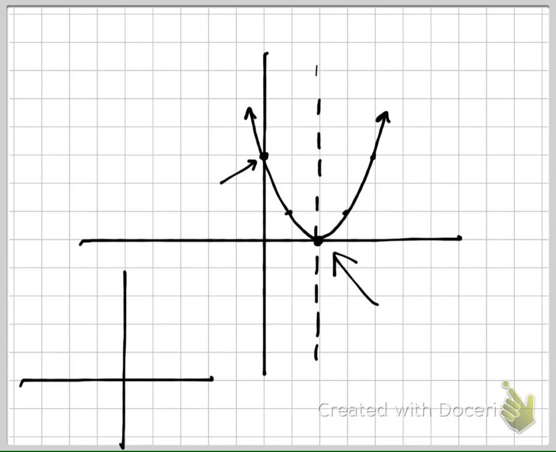If all I gave to you was the vertex, and I gave you the y-intercept, you can draw for me the parabola. If I only have to give you 2 points, and you can draw me the parabola, here's why. Look, if this is the vertex, what do we also know is true about it? That it's on the axis of symmetry, right?